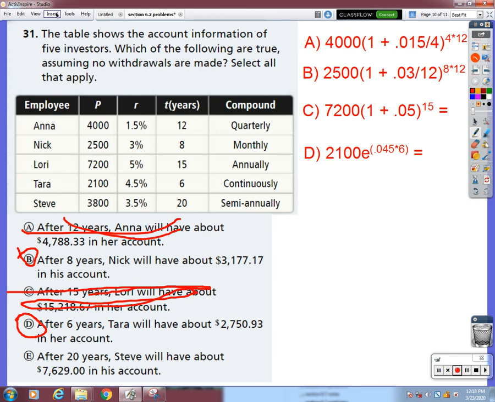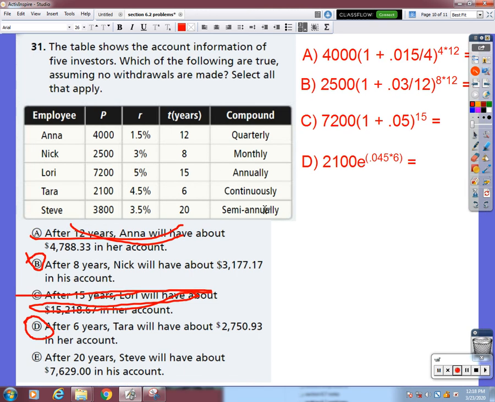And then let's figure out how much money Steve would have in 20 years. He's going semi-annually, so 3,800 times 1 plus 0.035 divided by 2 to the 2 times 20 power.